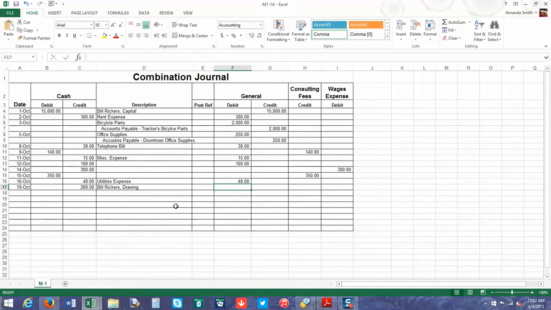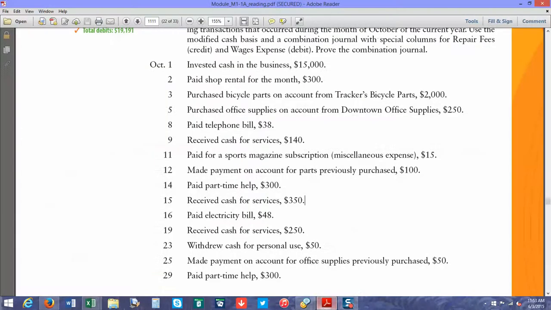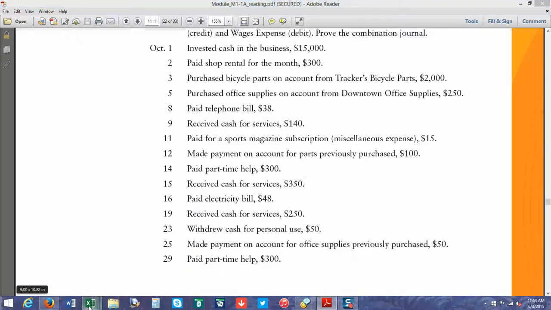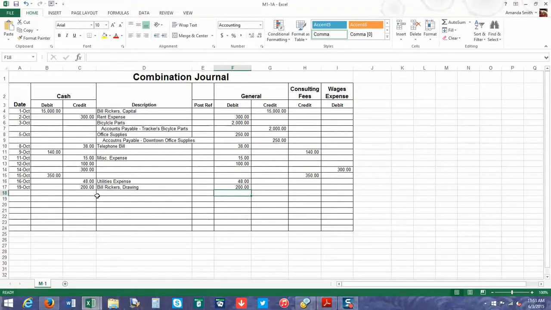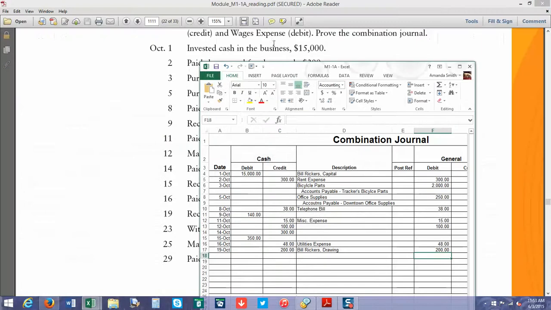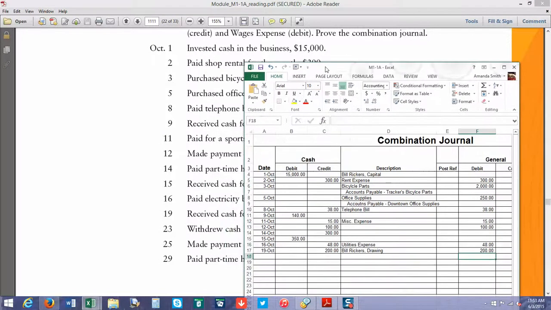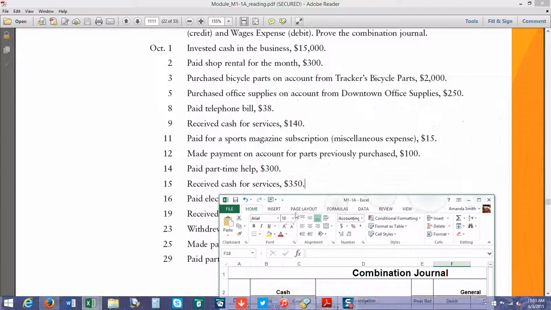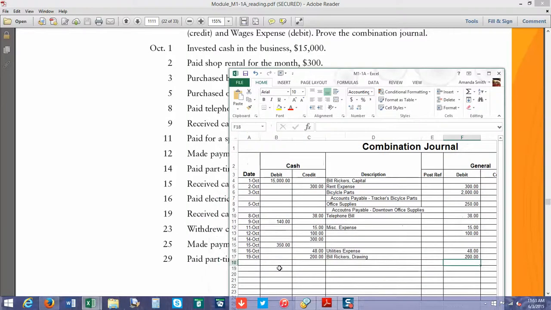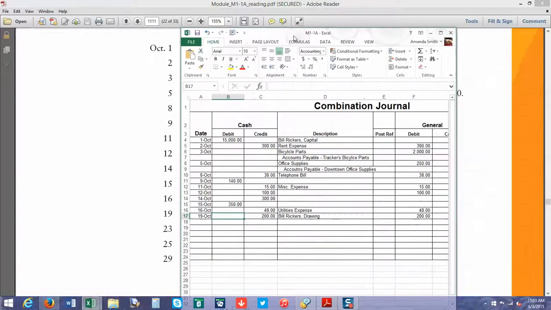And then we're going to increase our drawing account. Let's see. On the 16th, we paid the utility bill. On the 19th, we received cash for $250. So let's change that to $250.